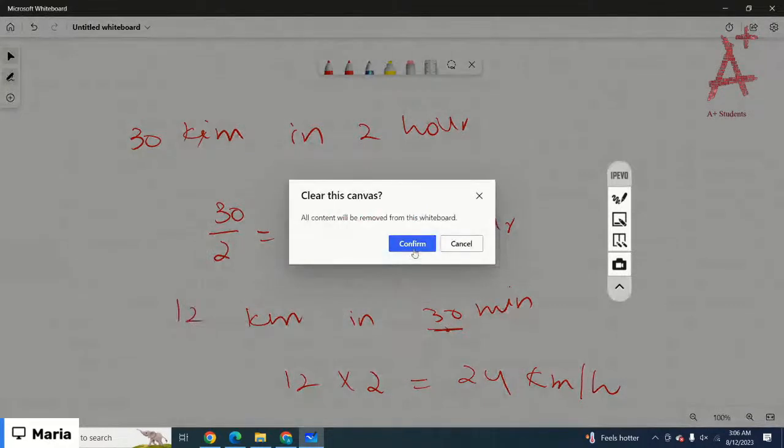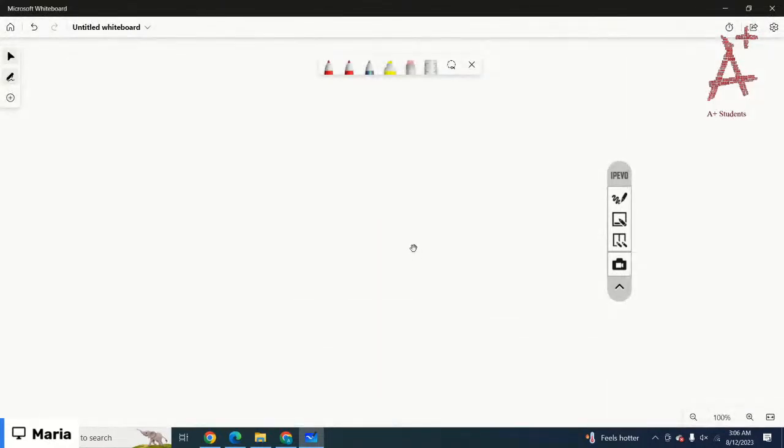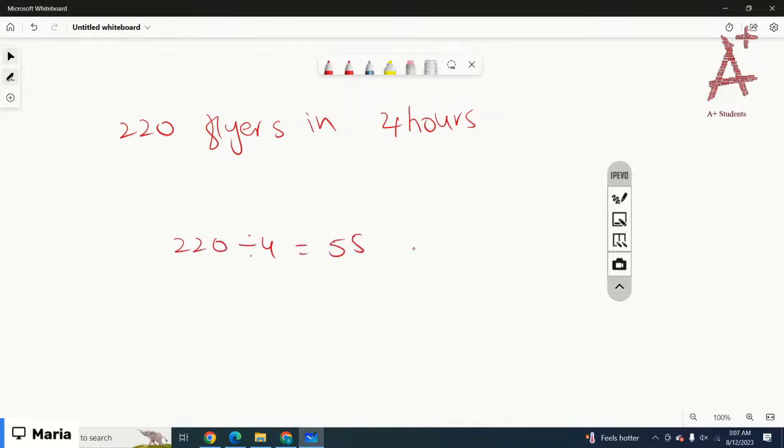You have to calculate how many flyers she distributed in 1 hour. So just do 220 divided by 4, and 220 divided by 4 is 55 flyers per hour. That means in 1 hour she can distribute 55 flyers, right?